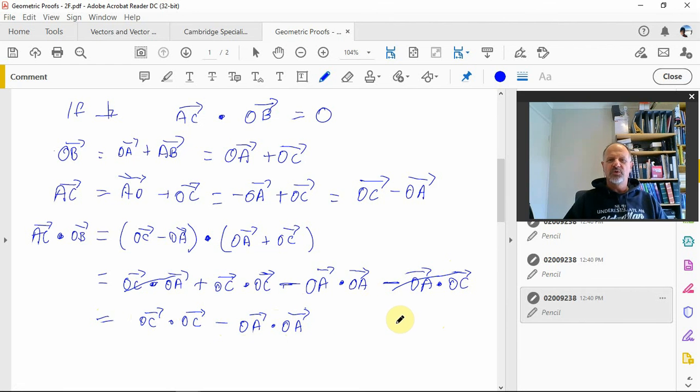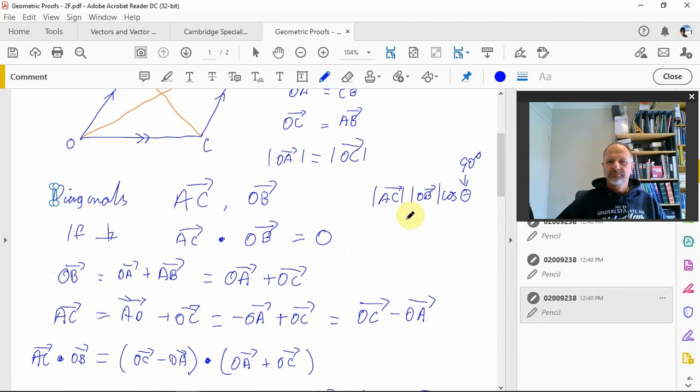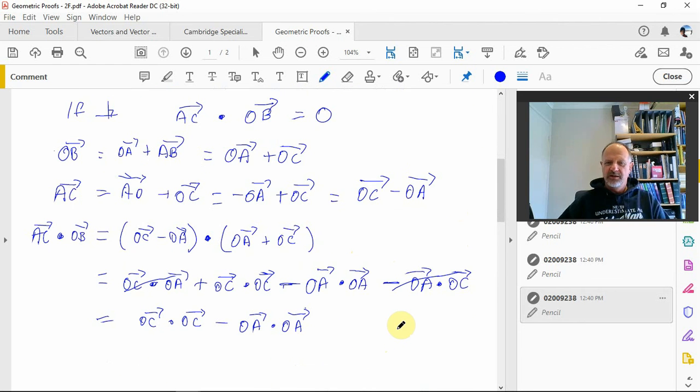Now, remember, because of the angle between, OC.OC is the magnitude of OC times itself, cos of 0, and cos of 0 is equal to 1, minus the magnitude of OA squared, and again cos of 0, which is 1.